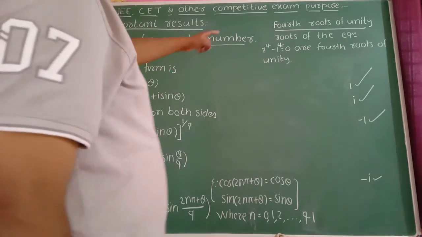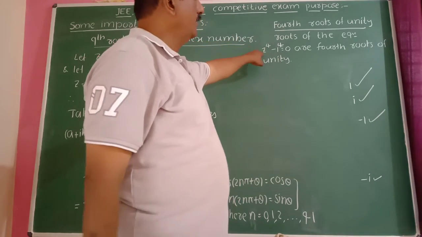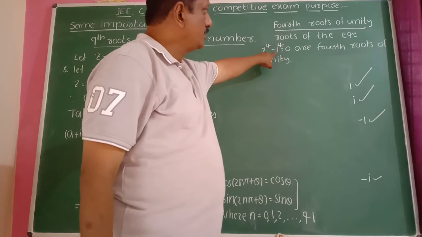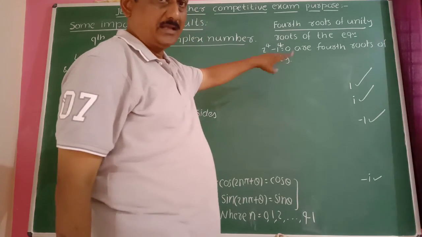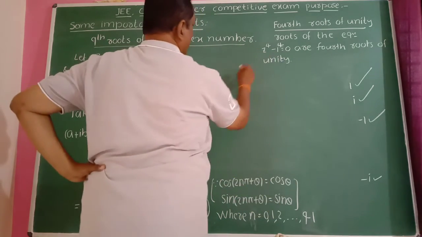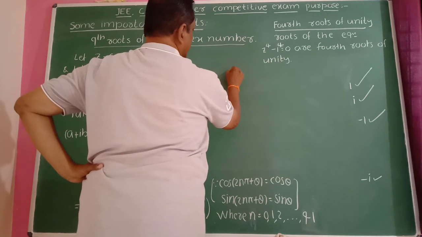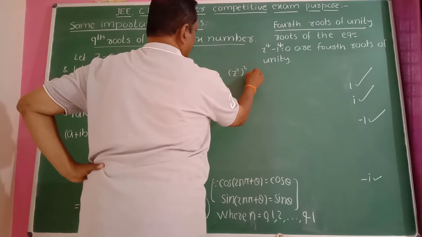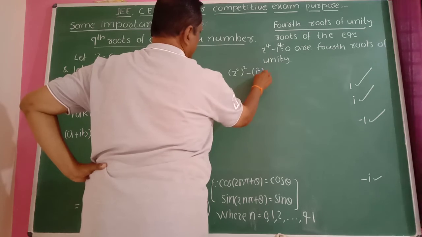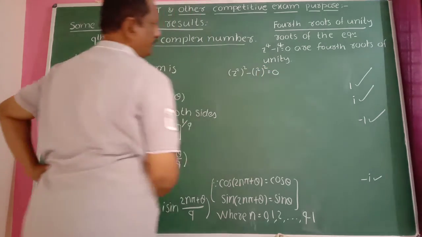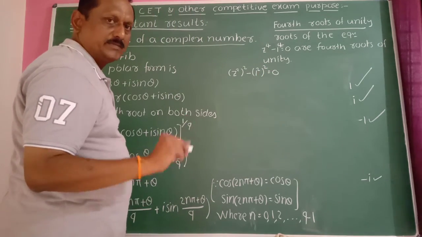So the roots of the equation z raised to 4 minus 1 equal to 0 are the fourth roots of unity. Just observe: this can be written as z squared whole squared minus 1 squared equals 0. You know the a squared minus b squared formula.